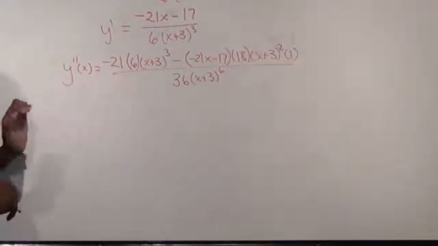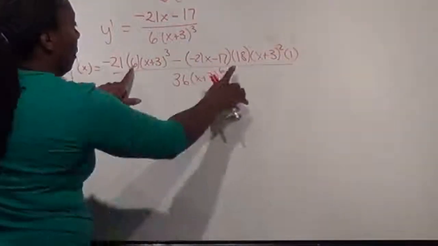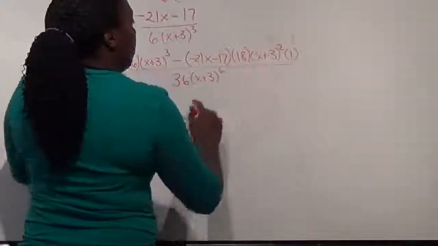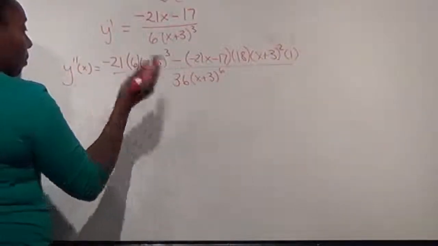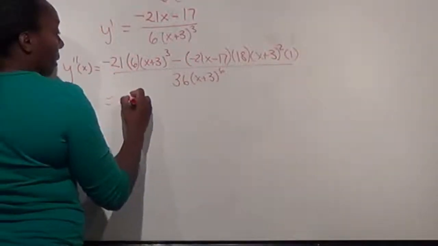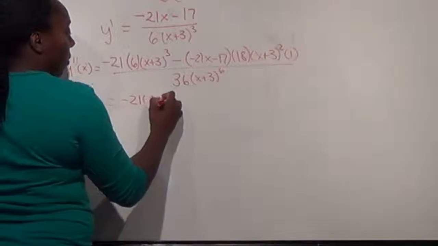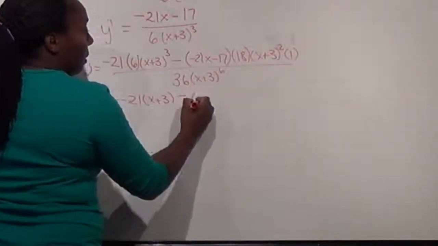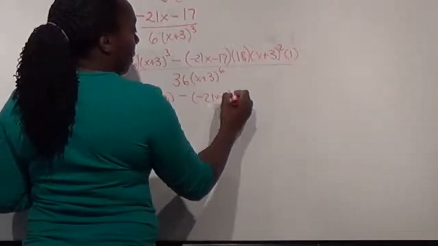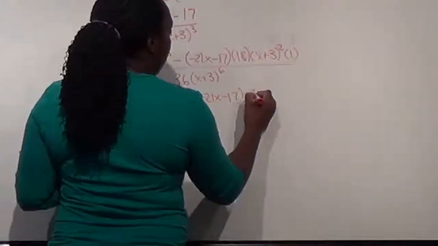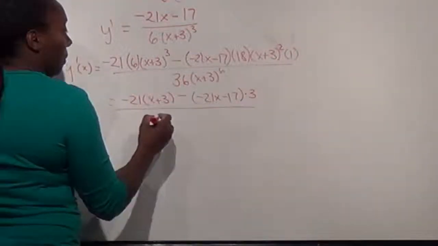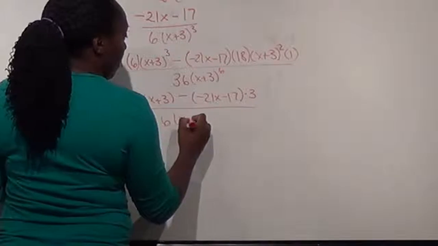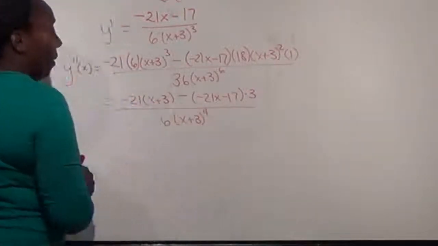Okay. Again, we can pull some things out. So again, we'll have a 6 and an (x plus 3) squared in every term, so we can pull that out. So we get a negative 21(x plus 3) minus a (negative 21x minus 17). That times 3, over 6(x plus 3) to the 4th.